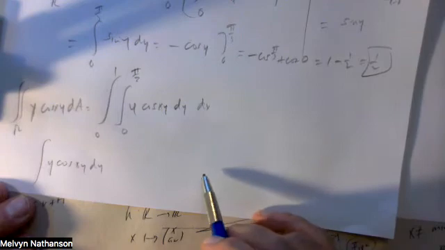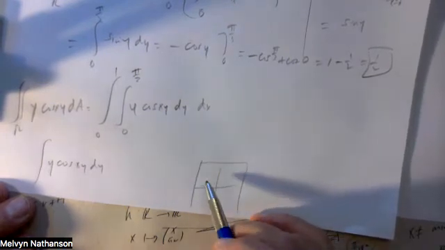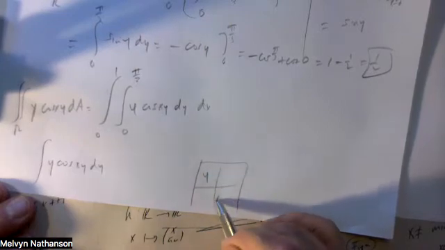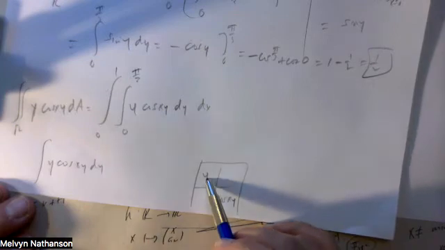So what is the integral with respect to y of y cosine xy dy? I guess we can try to integrate by parts. If we have y and cosine xy, the derivative of y with respect to y is 1.